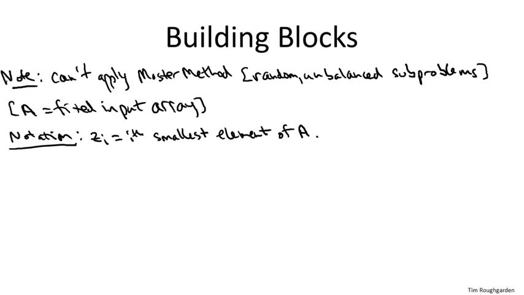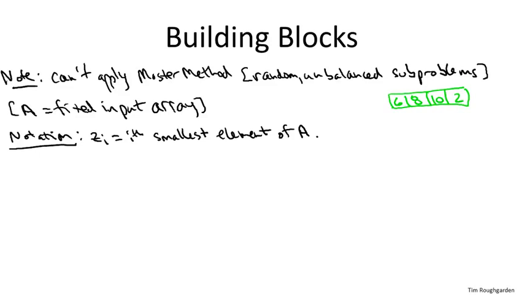So let me tell you what zi is not. What zi is not, in general, is the element in the ith position of the input unsorted array. What zi is, it's the element which is going to wind up in the ith position of the array once we sort it. So if you fast forward to the end of a sorting algorithm, in position i, you're going to find zi.